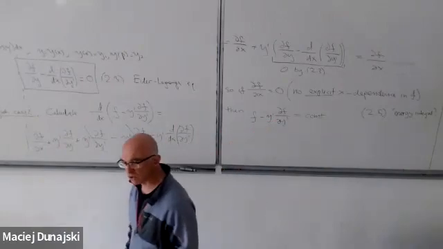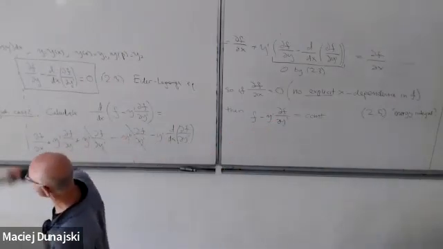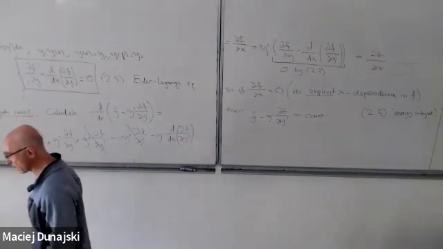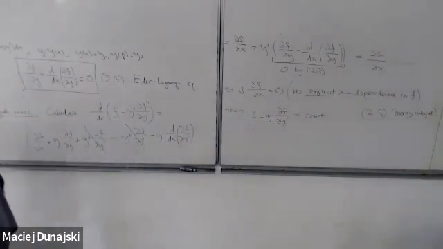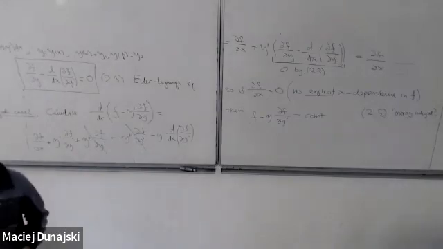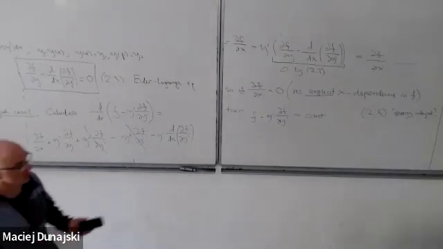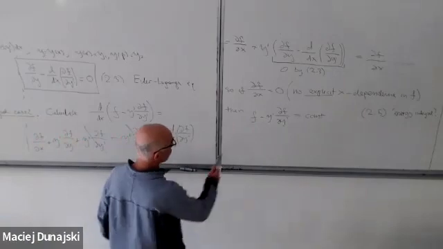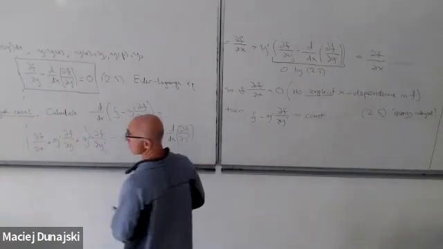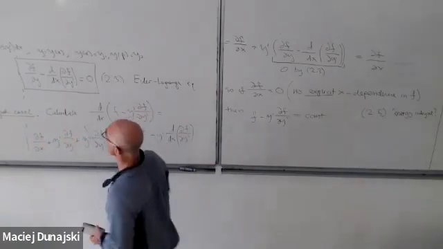If you look back at your notes, and if you don't have them, I'm going to write the functional down on the board again. There, the brachistochrone problem was reduced to extremizing a certain functional, which involved y prime but didn't have any explicit x dependence. So we are precisely in good shape to apply this to that problem and hopefully solve it.